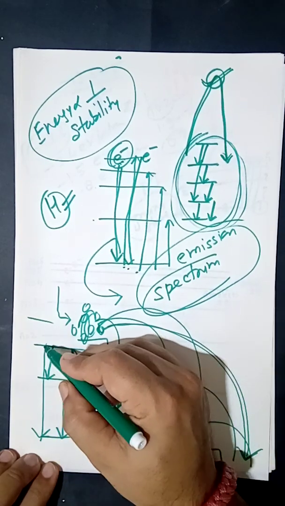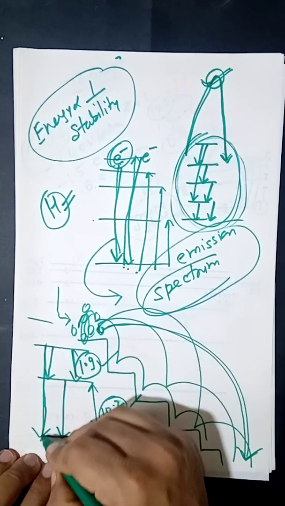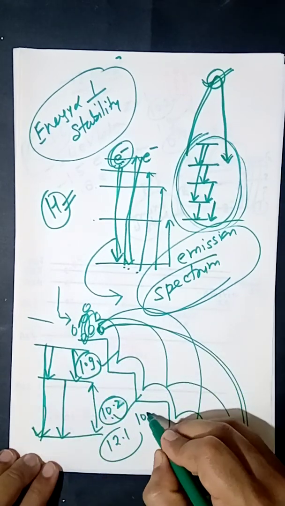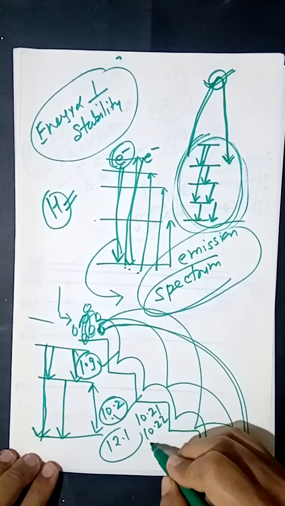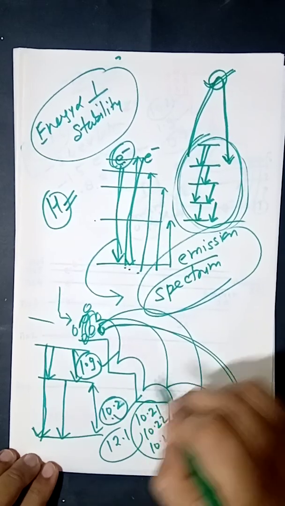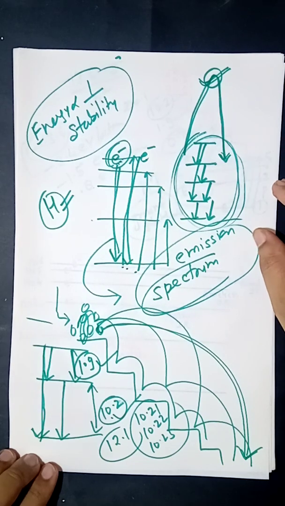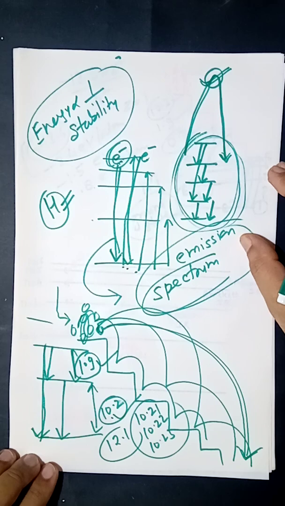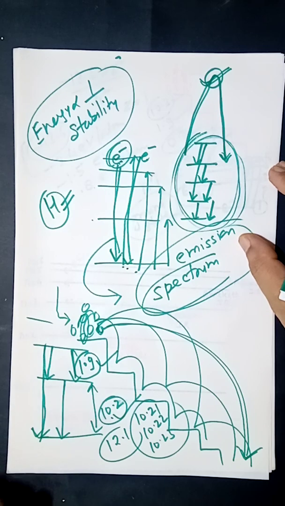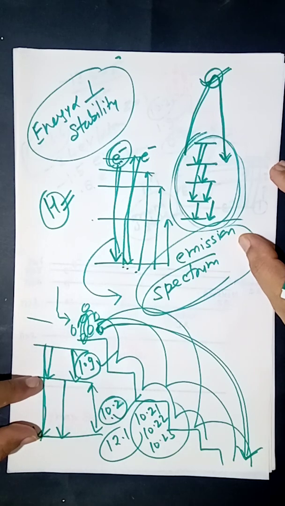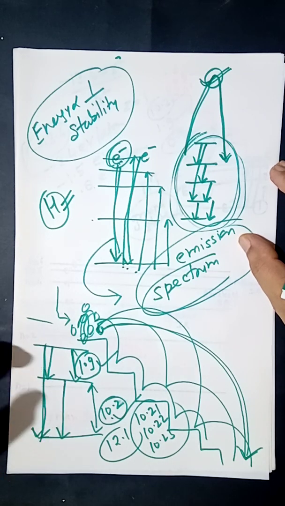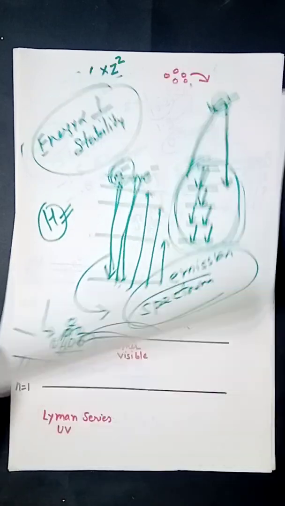This we can also get if the electron returns directly from the third shell to the first shell. But radiations like 10.21, 10.22, 10.23 will not be observed, because the energy of each and every shell is constant and it is not possible to change the energy of these shells. So the difference is constant, and because of this it will emit particular types of radiations only.